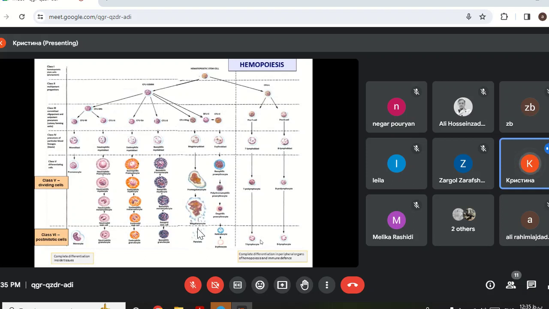The final form of T lymphocyte will be activated cytotoxic T cell, which kills cells infected with viruses and cancer cells, and the final form of B lymphocyte will be a plasma cell, which produces antibodies or immunoglobulin, the same, which will act against antigens.